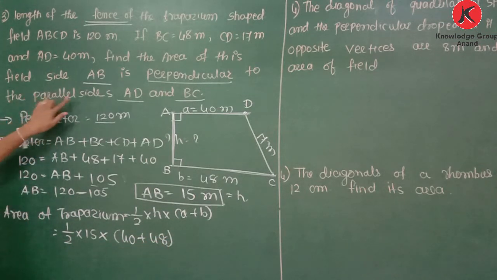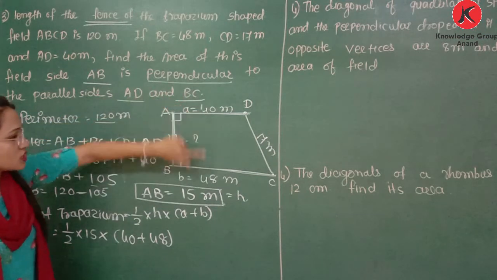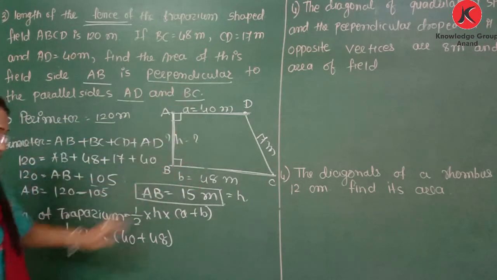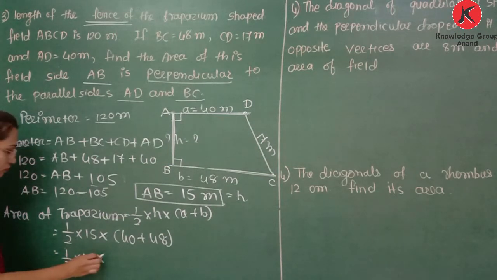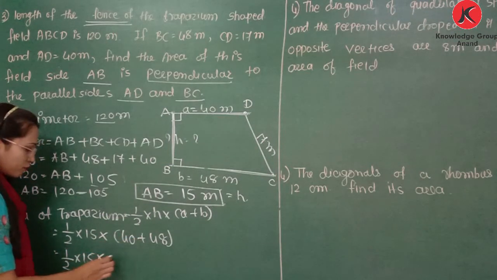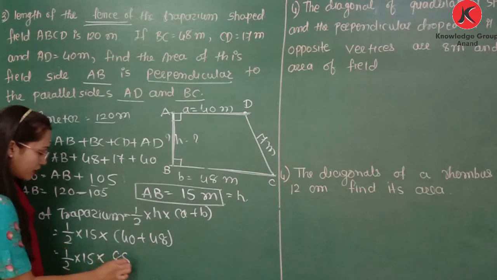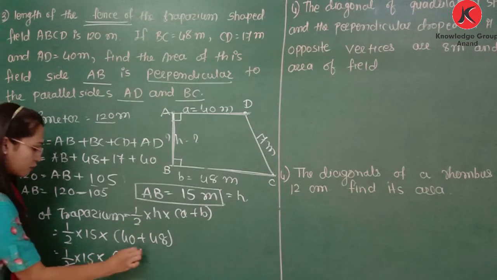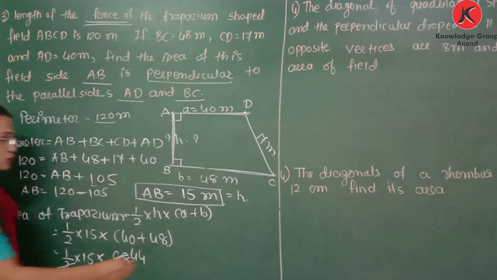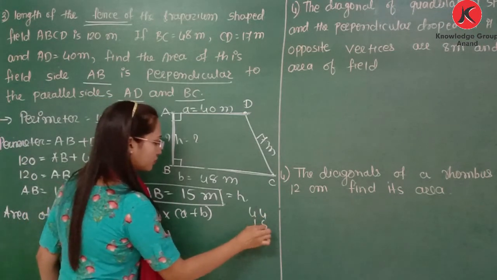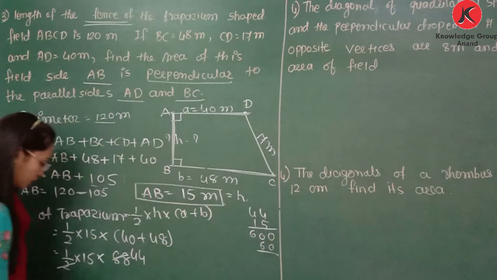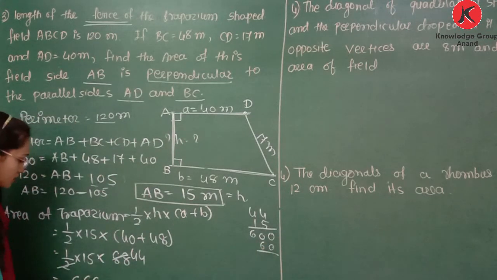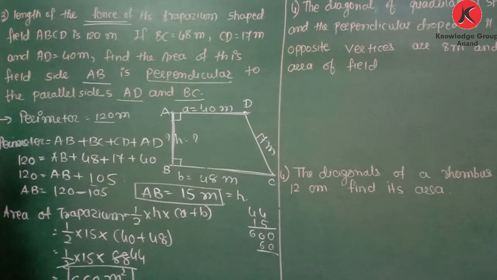So here parallel sides are AD and BC. So these will be A and B. Clear? So 1 by 2 multiply 15, 48 plus 40, that is 88. So here 44. Now multiply 15 with 44. So that will be 660 meters square. That is the area of the given trapezium.